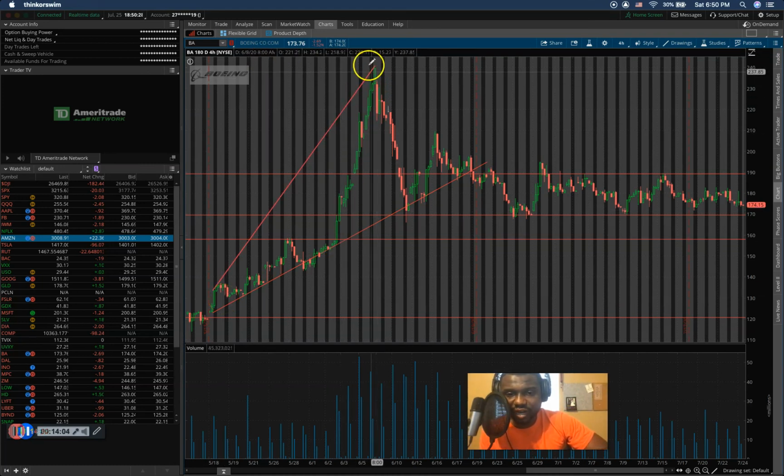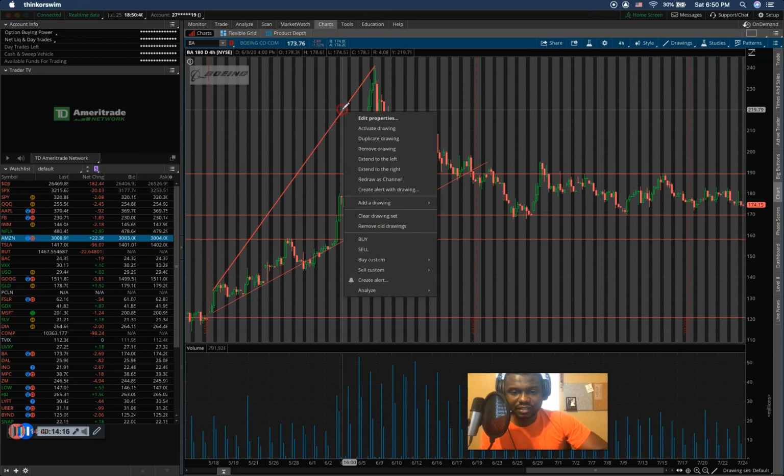So if this would have broken out of this area, it could have gone higher, but since it went down, when it broke that area, you see how it just kept trending down. So you can draw lines on the highs and then draw lines on the lows and see if it holds in between those lines. So that's another way that you can draw those lines.